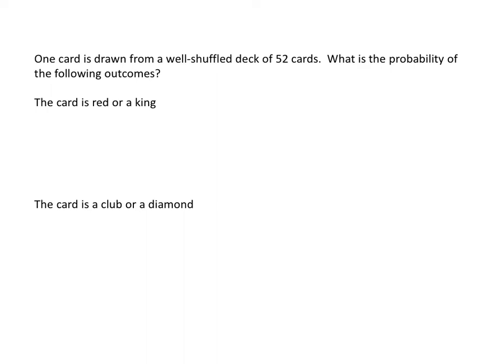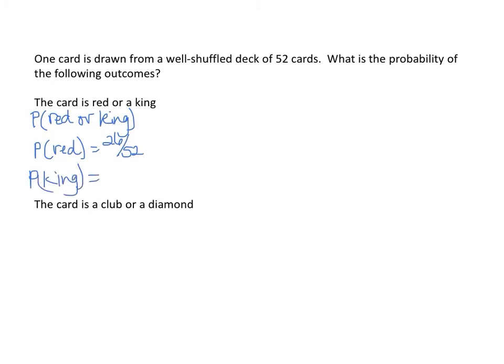So let's look at a couple of examples. Again, we're drawing a single card from a well-shuffled deck of 52. What's the probability that we have a red card or a king? That's what I'm looking for, the probability of red or king. Well, half the cards in the deck are red, so the probability of getting a red is 26 out of 52. And there's one king in each suit, so that's going to be 4 out of 52. Now, for the purposes of what we're doing, I'm not going to reduce these fractions.